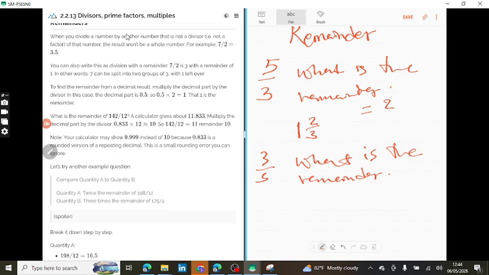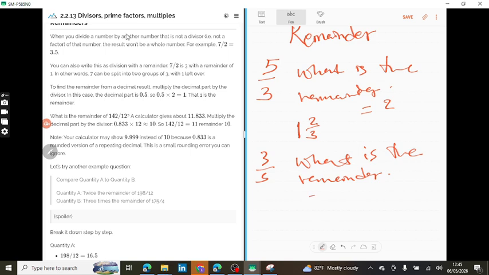5 people want to divide 3 things. They couldn't divide it. They went back, and the 3 is still remaining. The idea of remainder is also because of things that we cannot put in fraction. So the remainder when 3 is divided by 5 is 3.